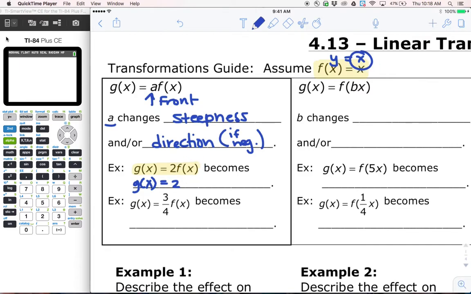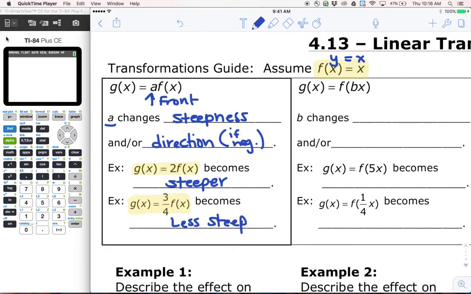So this becomes steeper. Basically, if this number is bigger than 1, it's going to get steeper. By that same logic, if I have g of x equal to 3/4 f of x, in other words a number less than 1, then it's going to become less steep.